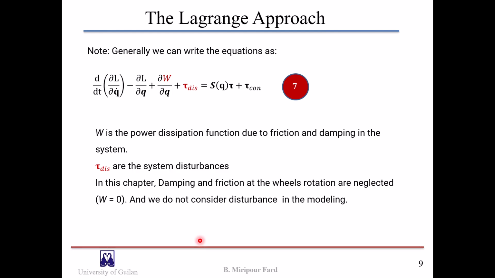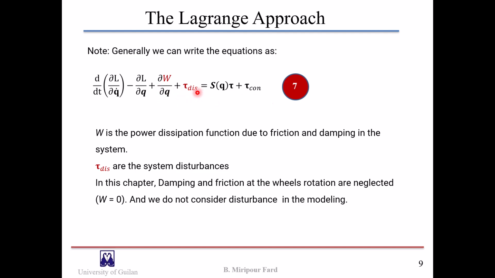It is important to note that if we consider friction and damping forces and also disturbances in the modeling, the Euler-Lagrange equation is written as equation 7. As you can see, these terms have been added to the Euler-Lagrange equation.